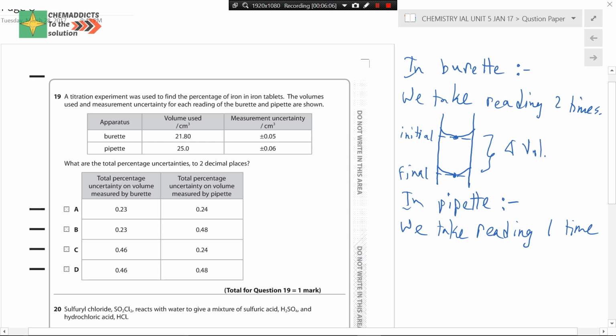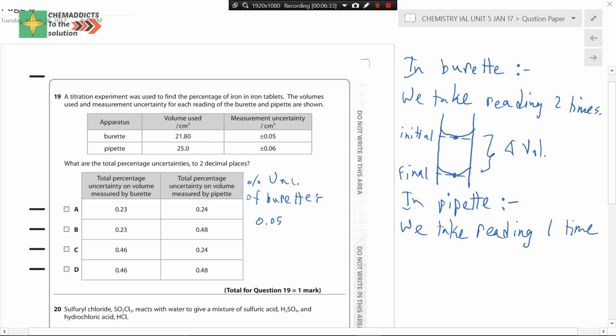So now let us calculate the percentage uncertainty of the burette and the percentage uncertainty of the pipette. The percentage uncertainty of the burette would be like this. First we need to take the uncertainty volume, that is 0.05.